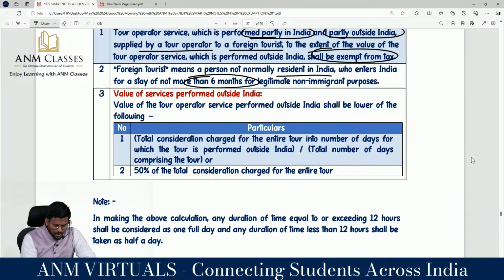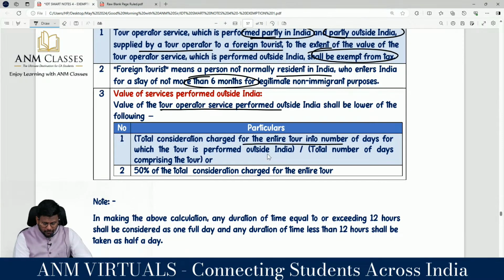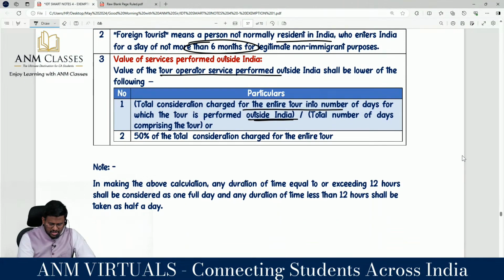Income tax. Value of services performed outside India. How will you calculate that value? We know the proportion calculation. Value of tour operator service performed outside India shall be the lower of the following: either the total consideration charged for the entire tour into the number of days for which the tour is performed outside India divided by the total number of days comprising the tour, or 50% of the total consideration charged for the entire tour.